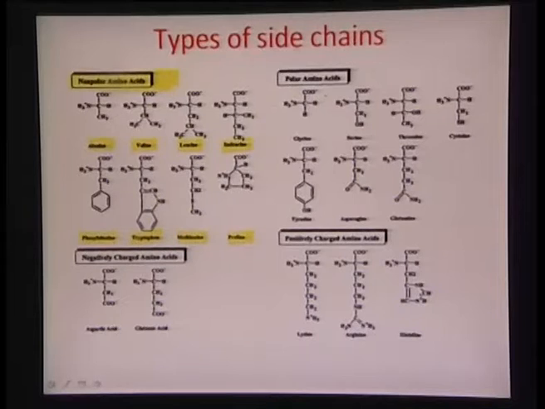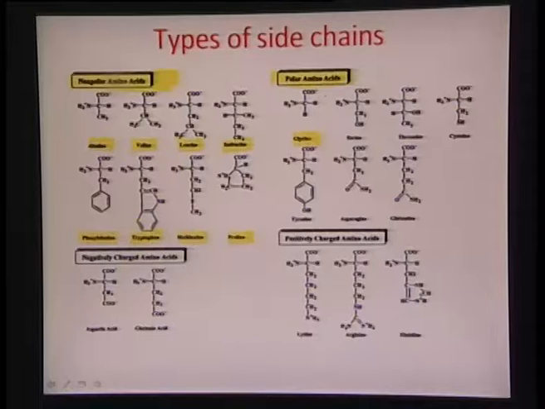Then you can also categorize the R group into polar amino acids, where this R has a slight shifting of the positive and negative charge centers, although the overall molecule is neutral. Just as it happens in water, there is slightly more electronegativity in one center of the molecule, and depending on that there is a charge separation.